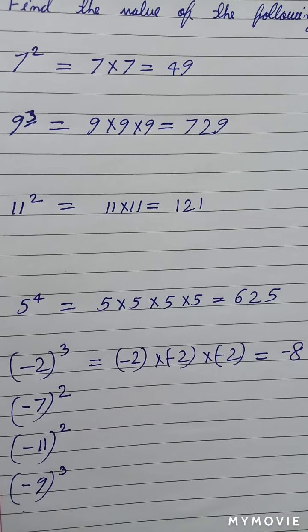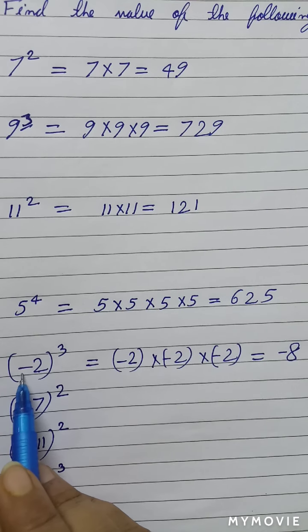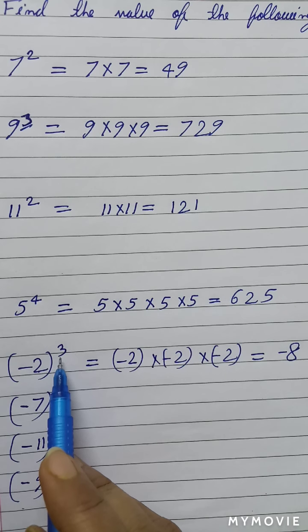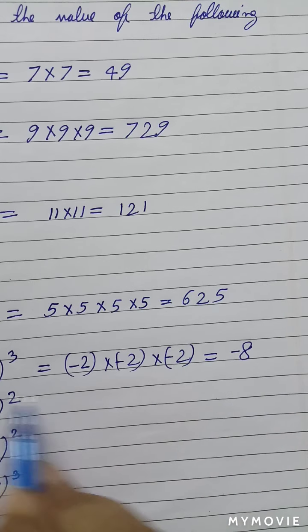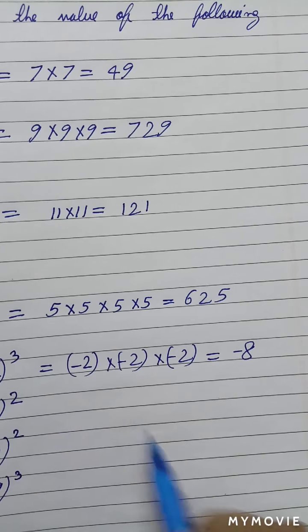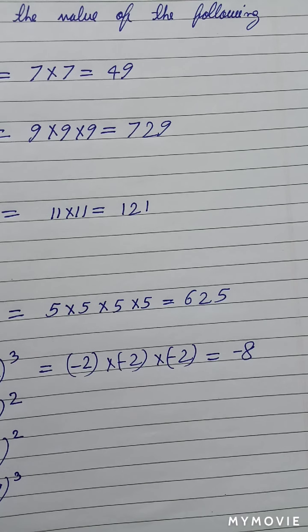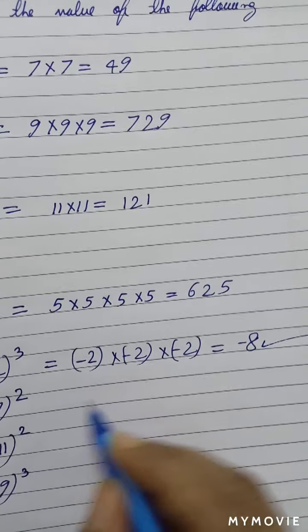The only difference is we will check if it is a negative number and the exponent part is an odd number. In that case, the result is going to be negative, and we will find the result of this minus 2 raised to the power 3 the way we normally deal with the positive exponent. So it is minus 8.